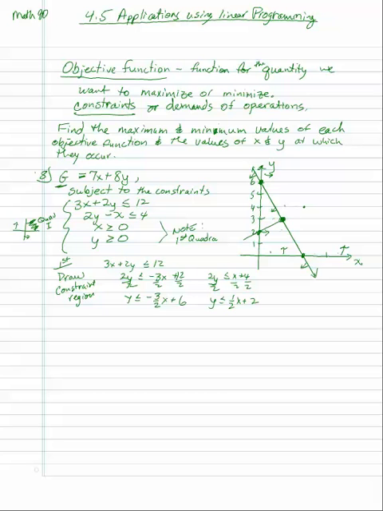Now it's nice that it intersected there, because what you need to do is find what we call the vertices of this constraint region. So I have this constraint region. This is a polygon, and there are 5 vertices. My second step is to identify the vertices.